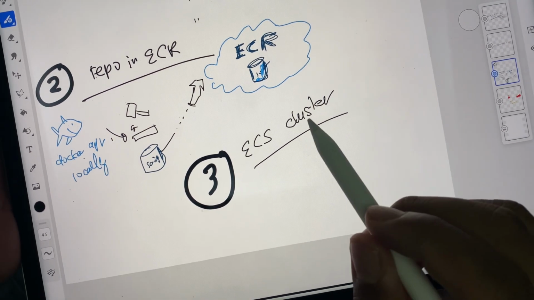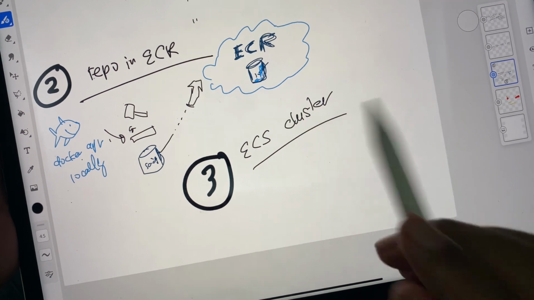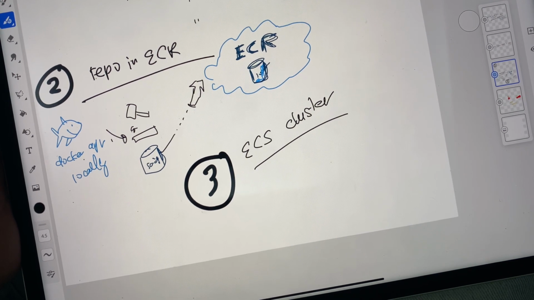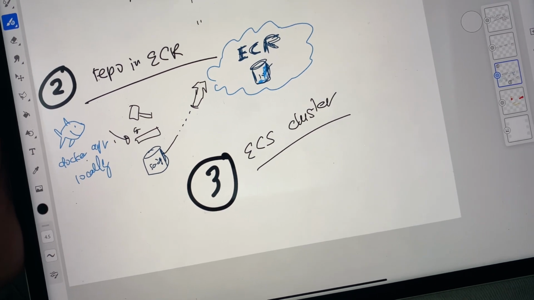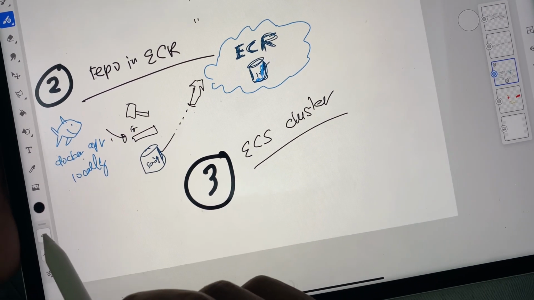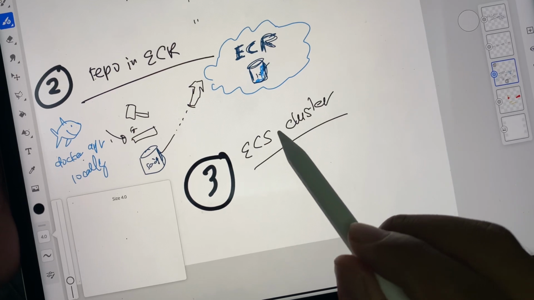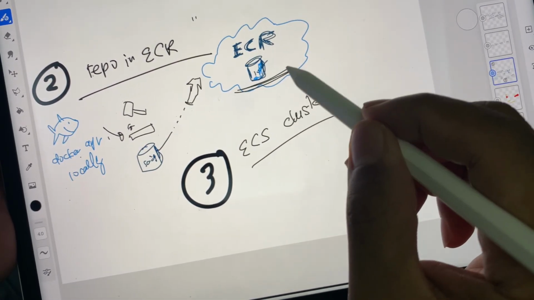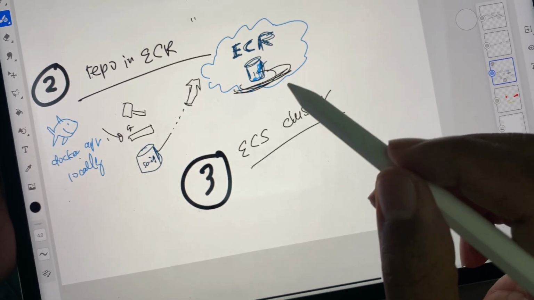Okay, so when you create this ECS, how do we select which container? I think this is where you're going to select the image that you created here.